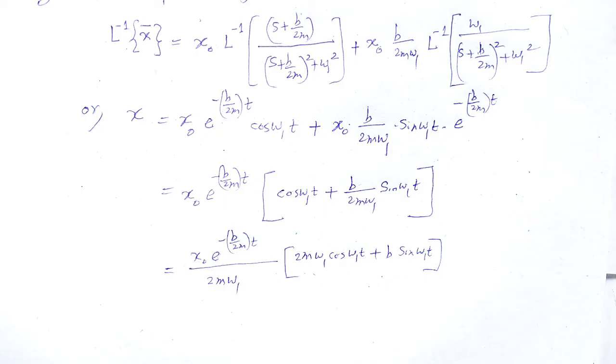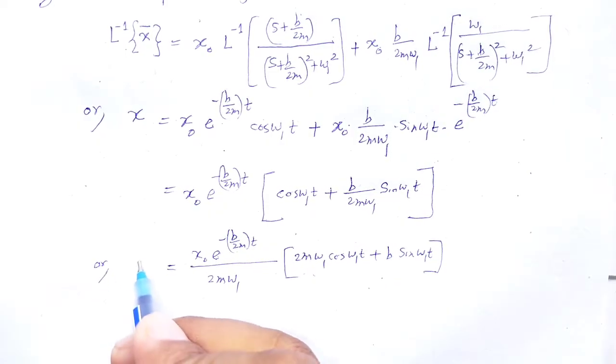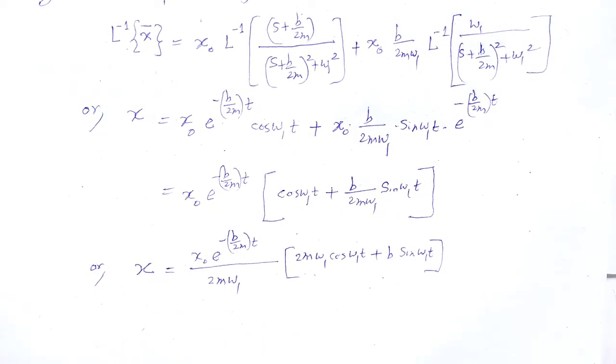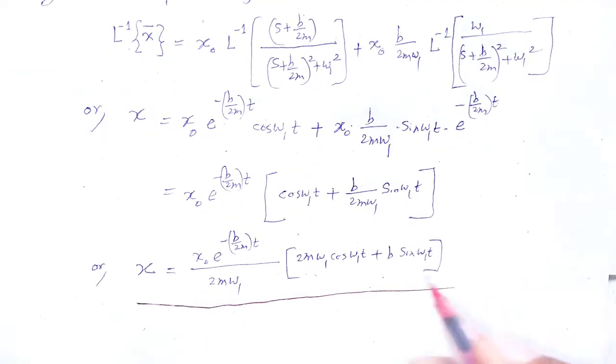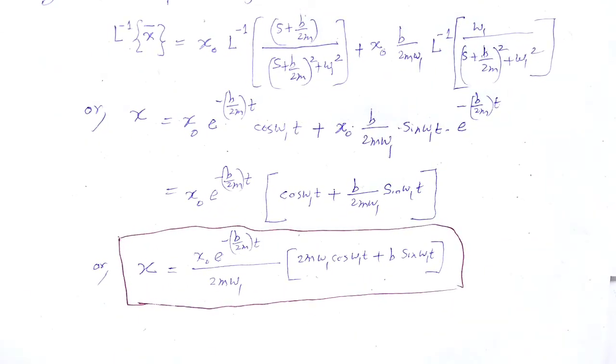Here we can use a simple concept: that is for x is equal to that expression, the solution of damped harmonic oscillator. From that of damped harmonic oscillator, we can also achieve the simple harmonic oscillator term.